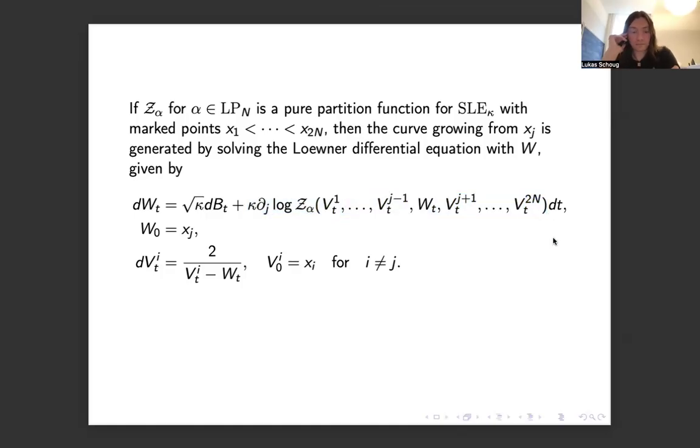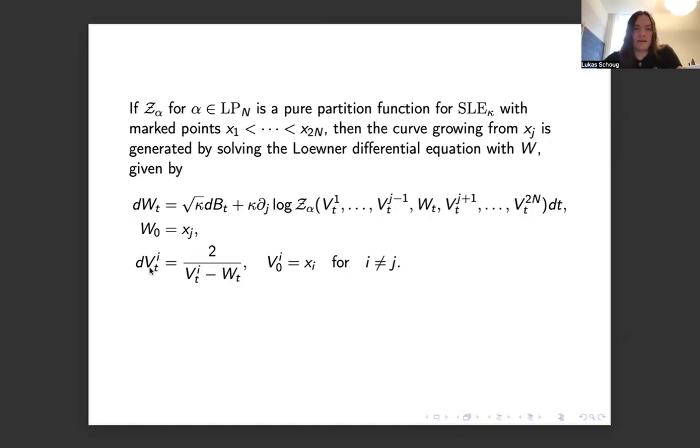And this, together with the evolution of all the points here, makes sure that the curve finishes at the right point.